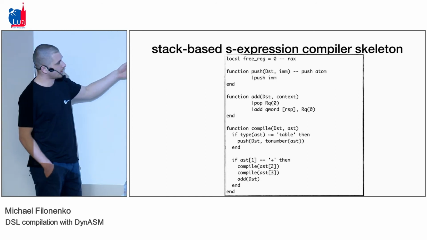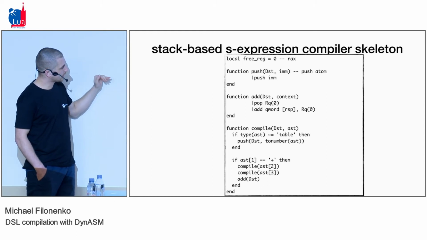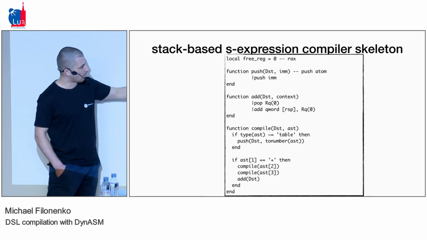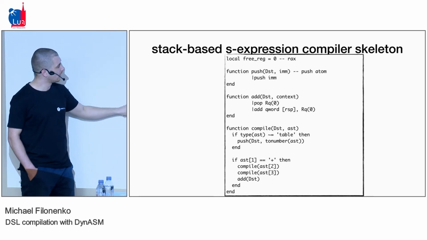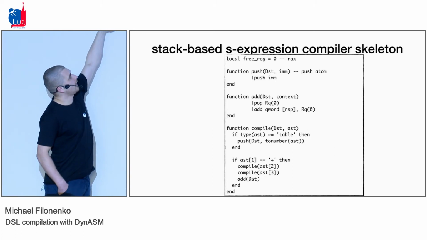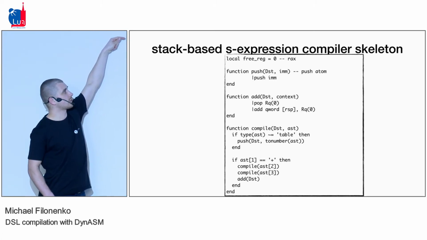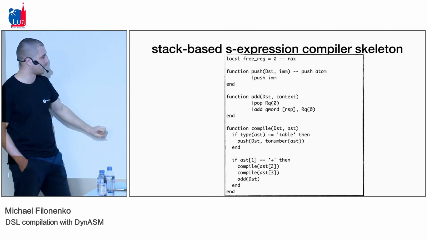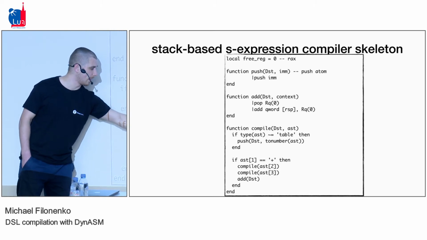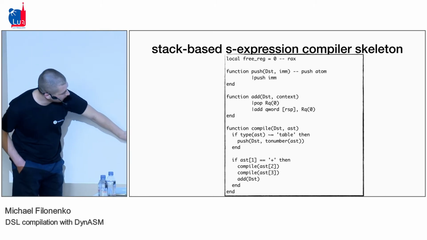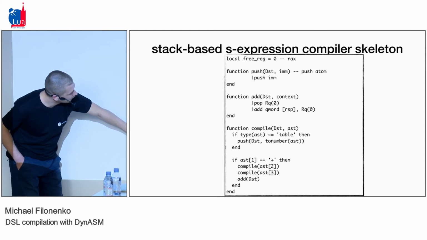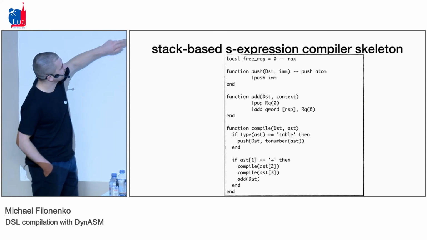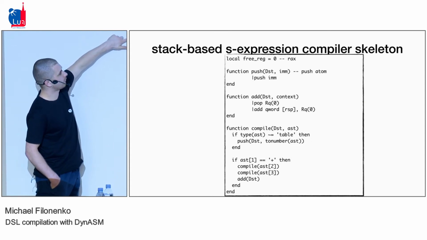Entry point to compiler just checks if current node is atom or list, and if it is atom, compiler generates instruction to push atom to stack, and if it is list with addition operation, compiler compiles first two children, first two operands, and calls generator of addition operation.